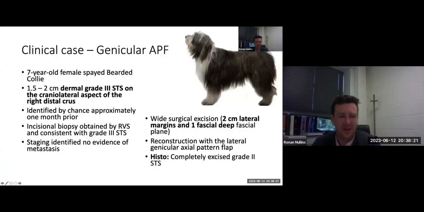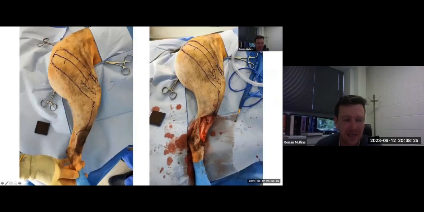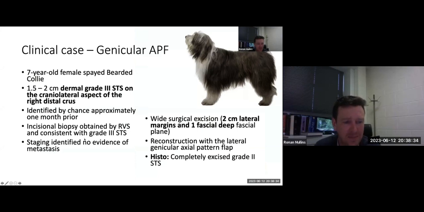The next case we've already touched on. This was a dog with a suspected high-grade mast cell tumor, based on an incisional biopsy, on the distal cranial crus of a border collie. Again, the same sort of conversation would have happened with the owner.